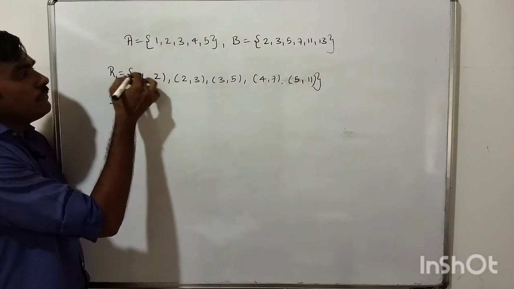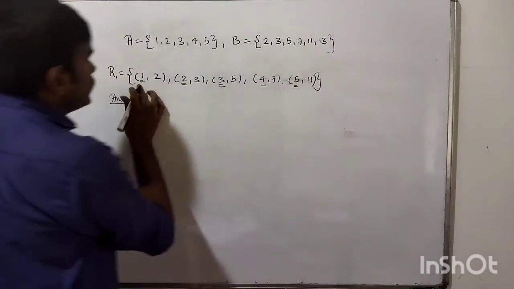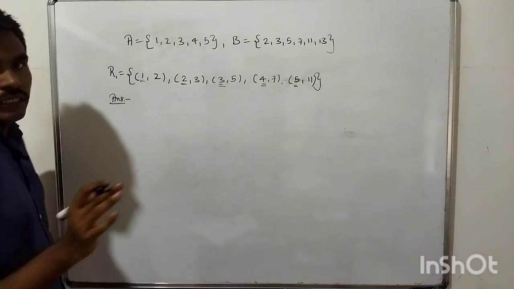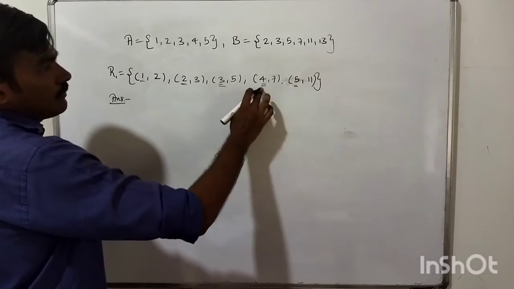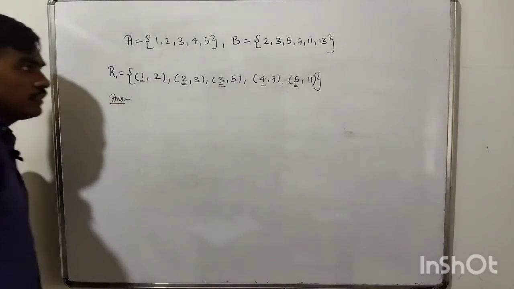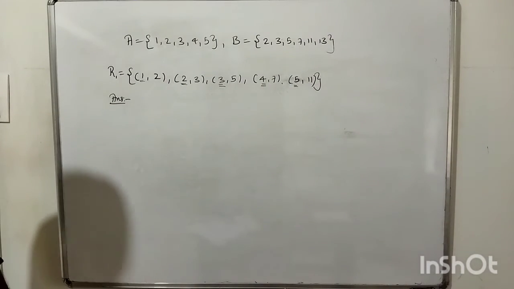Similarly 2. See the first elements: 1, 2, 3, 4, 5. Check whether each is repeated anywhere. None is repeated, and 1, 2, 3, 4, 5 are all there.